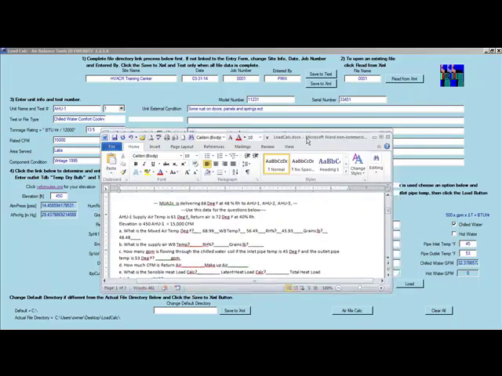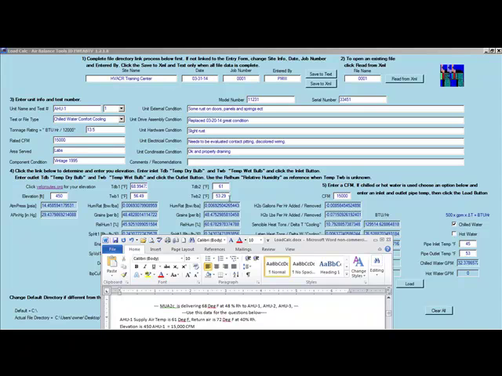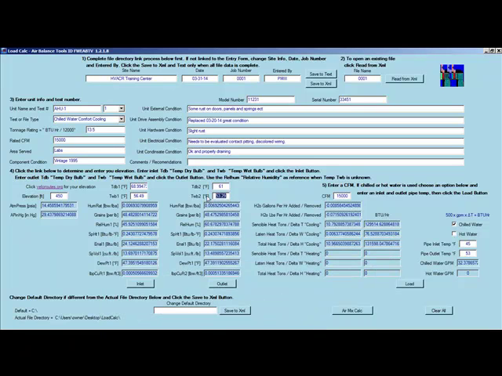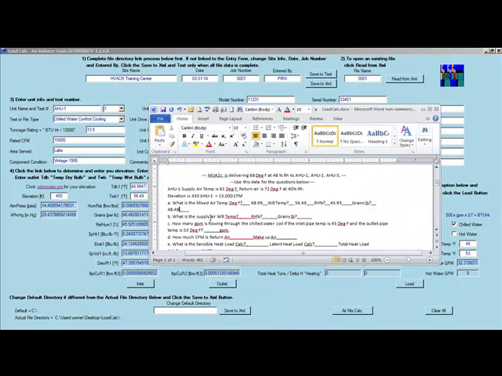Well, our supply air wet bulb temperature is, what is our RH?